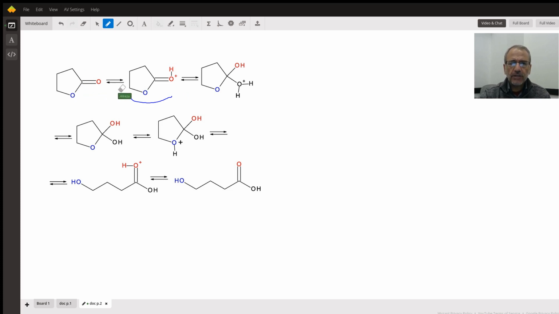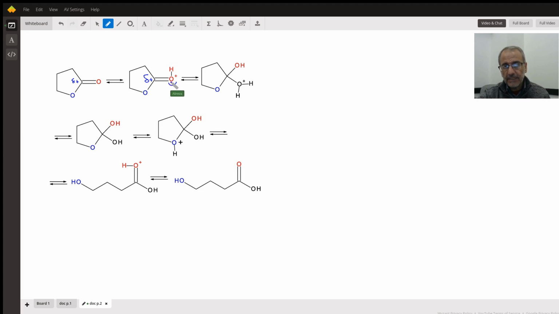After protonation of the red oxygen, this carbon of the carbonyl group becomes a stronger electrophilic center than before protonation. Why? Because positive oxygen is more electron greedy than neutral oxygen.